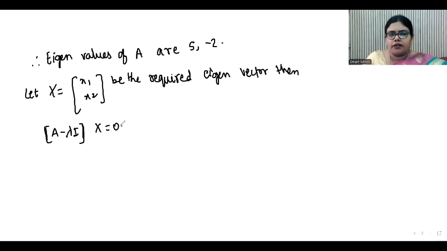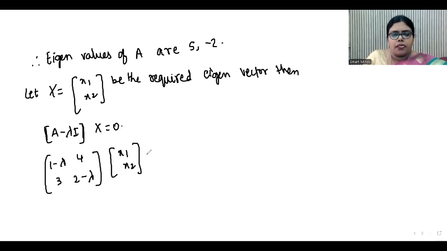So for eigenvectors, we need to take (A minus lambda I) into x is equal to 0. So what is A minus lambda I? 1 minus lambda, 4, 3, 2 minus lambda. This is a matrix. And x is x1, x2. This is 0 and this is 0. Now take this as equation number 1.